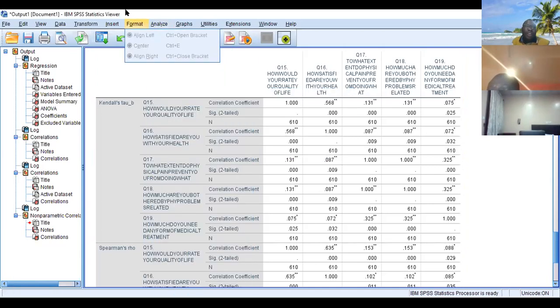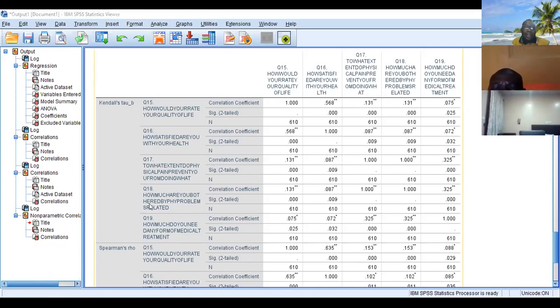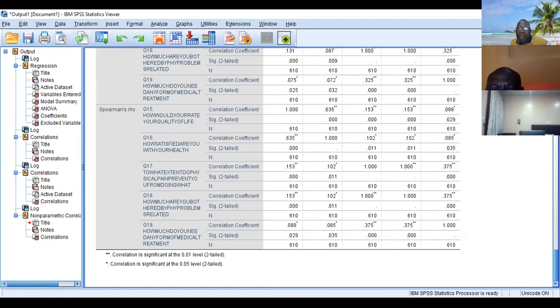Okay, just look at the Kendall anyway. Kendall is there. It's 16 also and 18, same thing in Kendall too. 17, 18, is it one also? It's perfect. I'm sure it will be the same thing for Spearman.